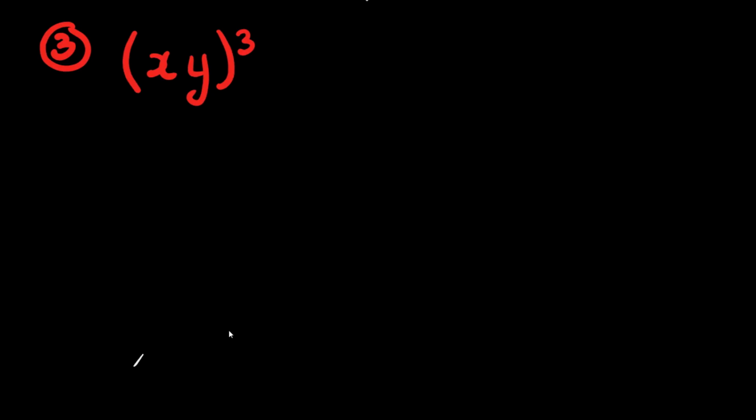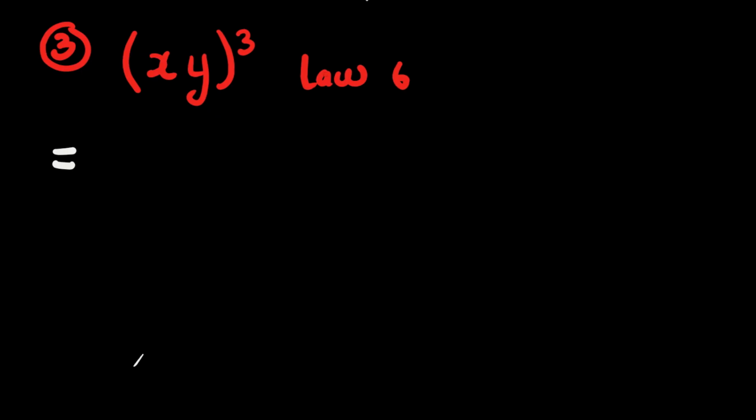Question number 3. Which law can best solve this question here? By the look of things, law number 6 would solve this question better. Let's see how. According to law number 6, this exponent out there would have to be distributed inside.